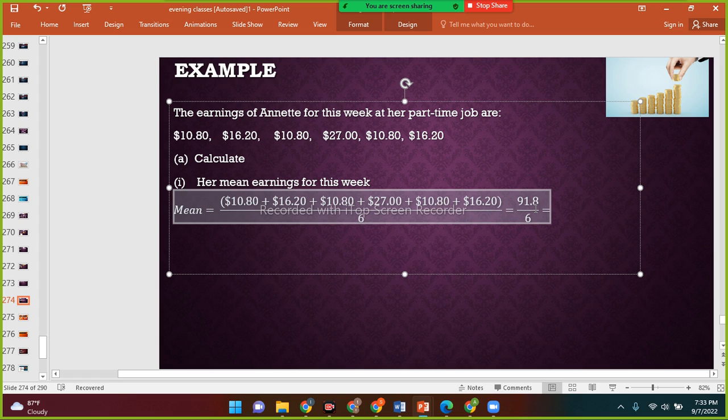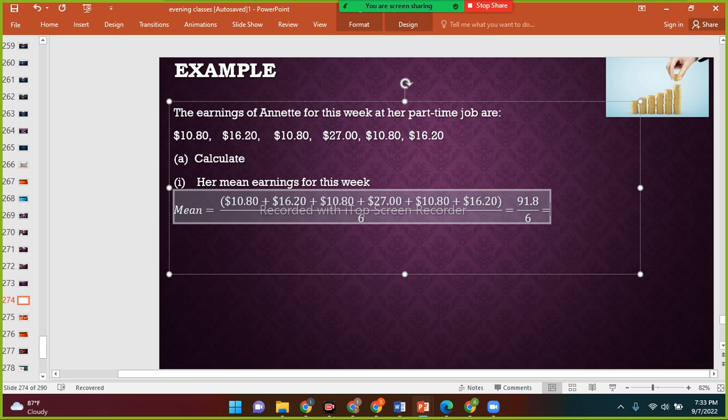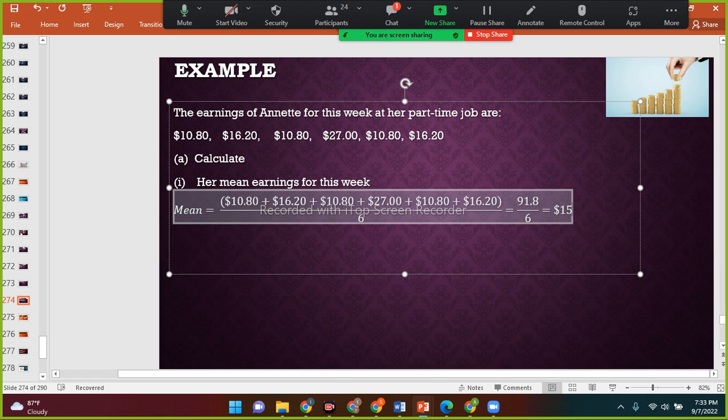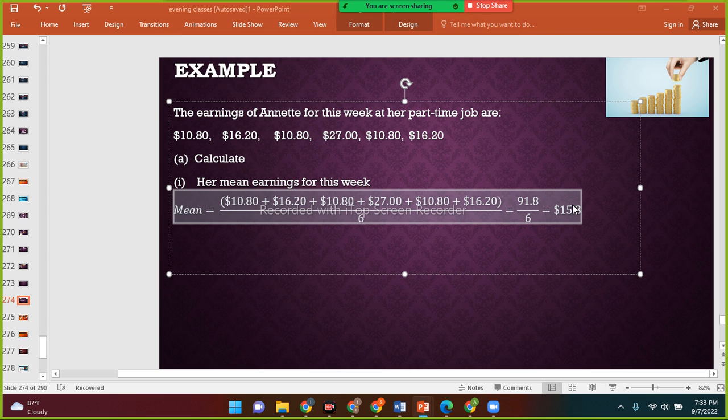So 91.8 divided by 6, what do we get? 15 point what? 15.3. 15.3, very good. So the mean is going to be $15.30.